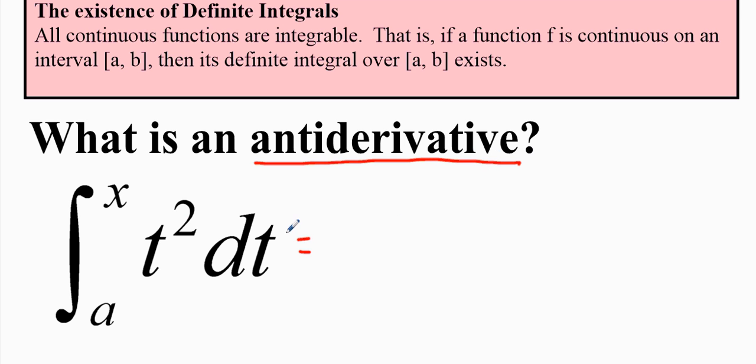An antiderivative is the opposite of a derivative. Okay, so if I take the integral from a to x of t squared, to find my antiderivative, I'll call that antiderivative a, what we would do is take this, a of t, and try to find out what is the opposite, the reverse of a differentiation.